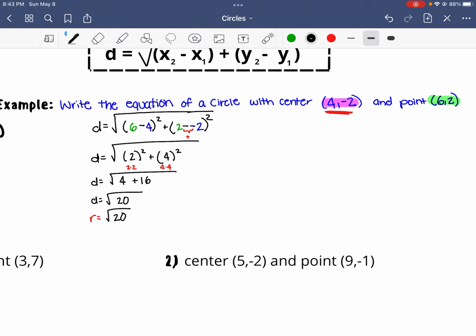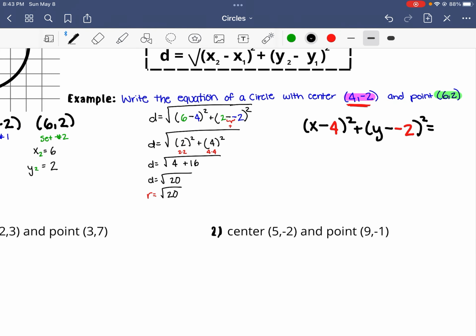So it's going to be x minus 4 squared plus y minus -2 squared equals this last answer we just got. The square root of 20.